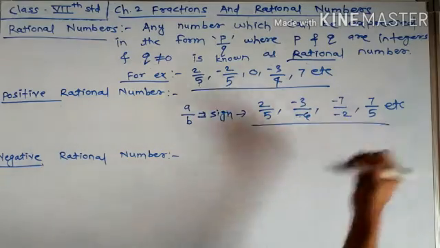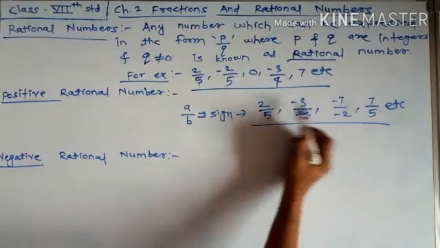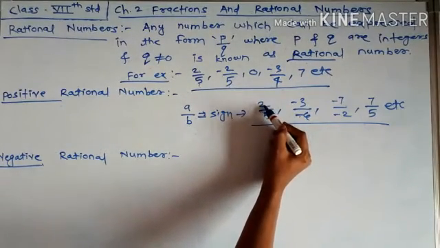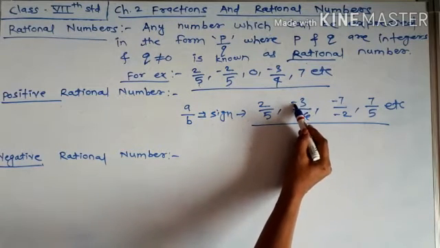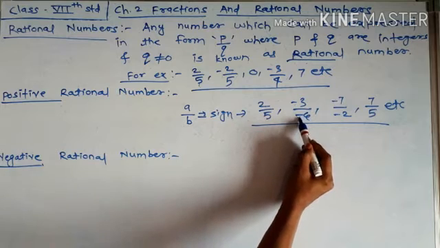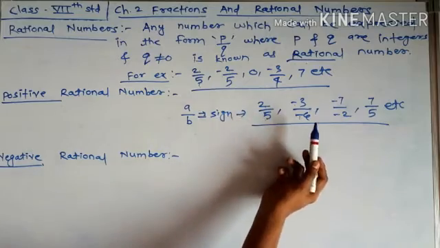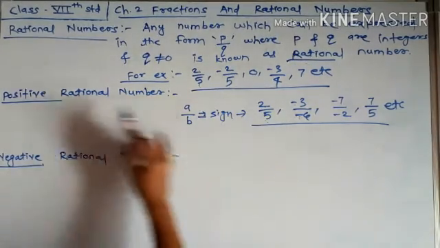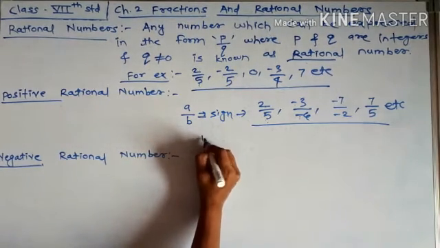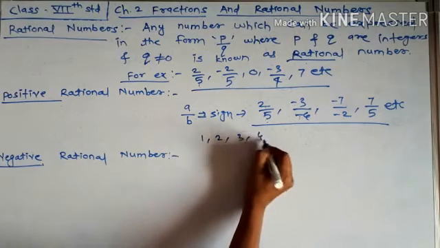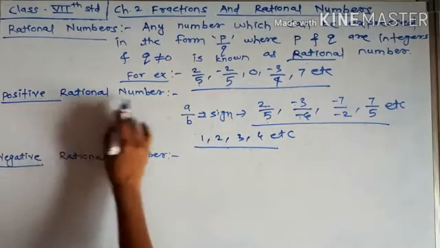Here all are positive rational numbers, because numerator and denominator have the same sign. Here the numerator is negative and the denominator is also negative. So if numerator and denominator have the same sign, such rational numbers are known as positive rational numbers. And every positive integer, that is 1, 2, 3, 4 and so on, is also a positive rational number.